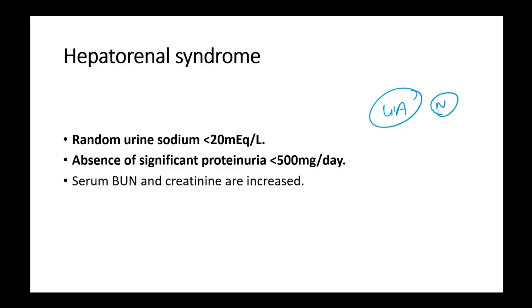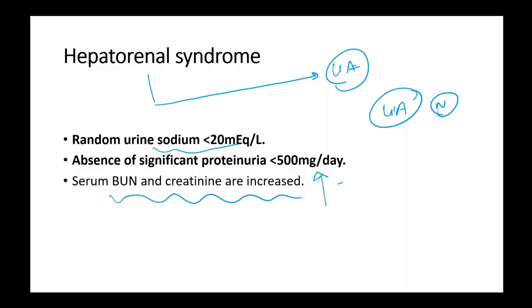You check their urine: it will be normal, no proteinuria, and random urine sodium will be less than 20. But BUN and creatinine continue to go high, which means there is renal vasoconstriction going on. By the way, the exact mechanism of hepatorenal syndrome is unclear. They think it is because of vasoactive amines produced in liver cirrhosis, causing renal vasoconstriction and renal failure.